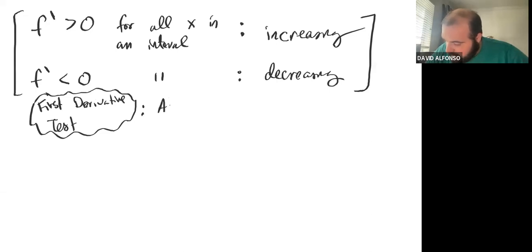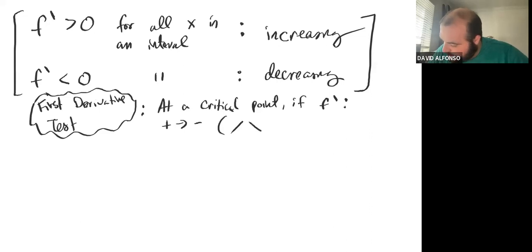At a critical point, if f prime goes from positive to negative, that means you have a relative max.